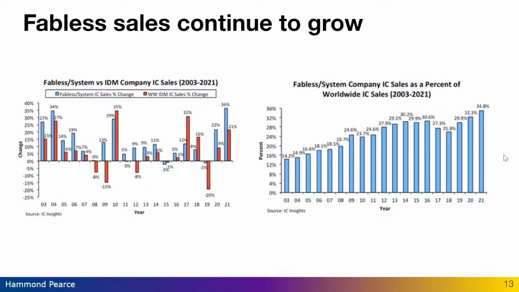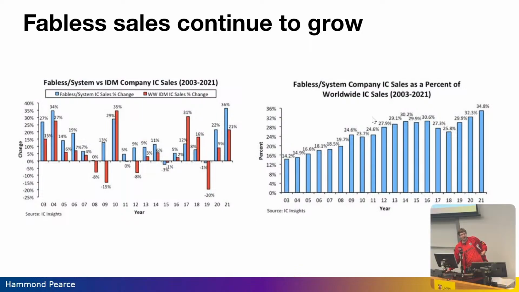This is the most up-to-date graph I could get that ends in 2021. I guess some things happened in 2021 that stopped the bookkeeping. But overall, I expect these trends to have continued since 2021 as well, where we're just seeing more and more demand for designs as opposed to chips.